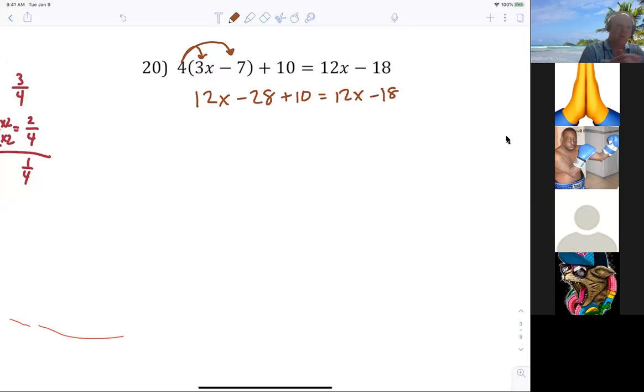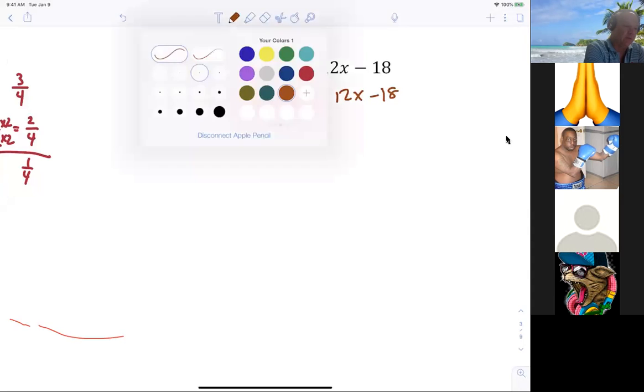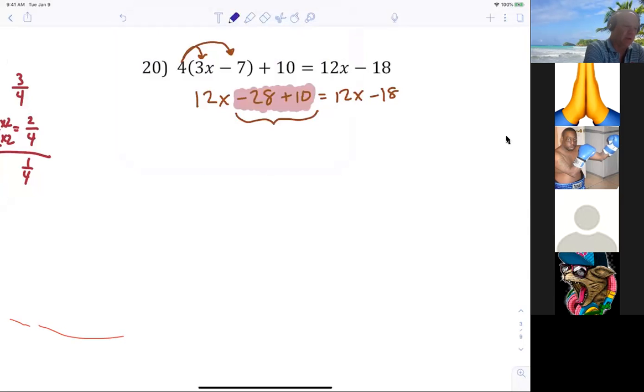All right, now what we're going to do is we're going to combine terms. What I'm trying to highlight is that these are numbers that are on the same side of the equation. So I wish you would combine those first. So you would have to say, okay, what is negative 28 plus 10? 12x minus 18 equals 12x minus 18.